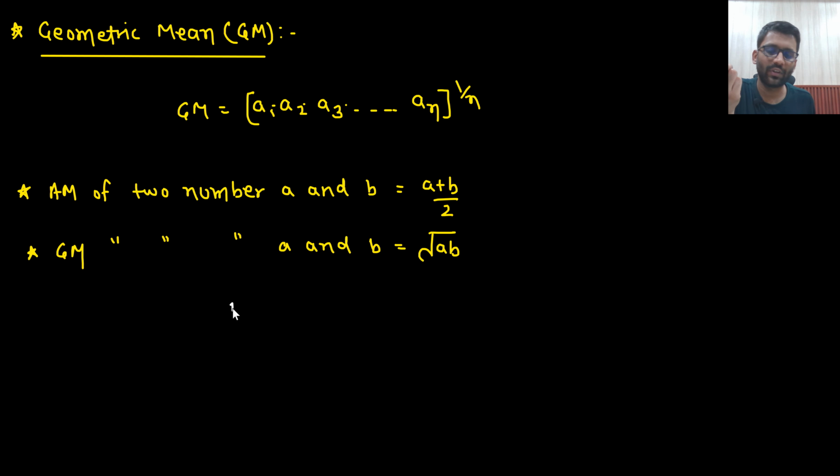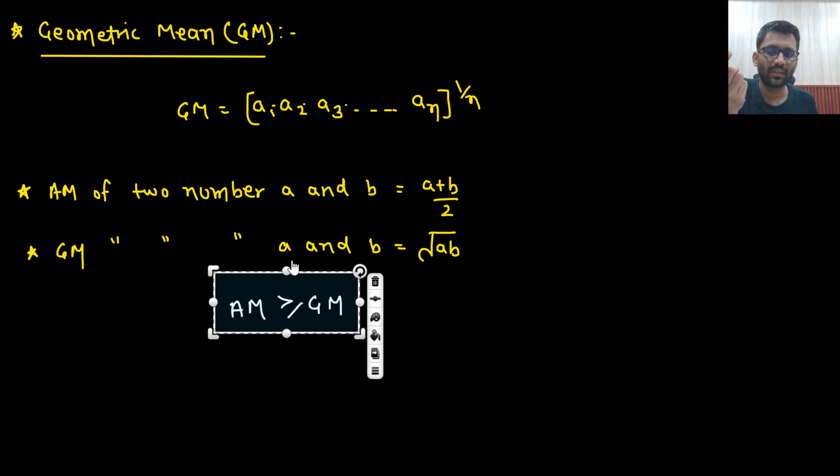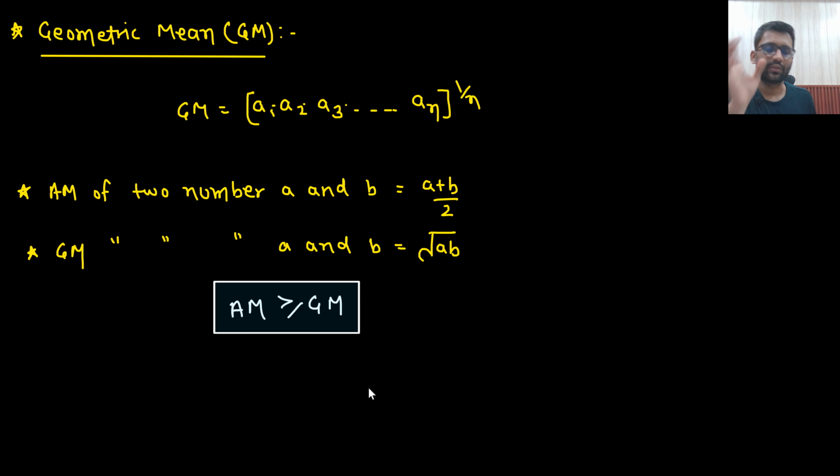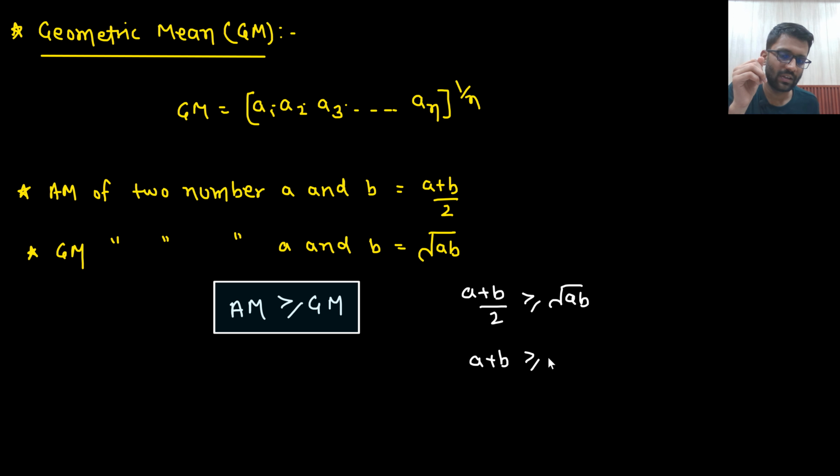And one thing is always true, that is AM is greater than or equal to GM. You can take any numbers, and your AM will always be greater than or equal to GM. You can prove that as well. A plus b by 2 will always be greater than or equal to root ab. How will you prove it? Just checking it, a plus b is greater than or equal to 2 root ab. Now do the square on both sides.